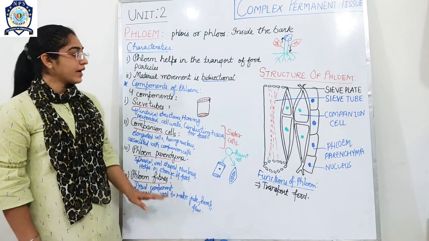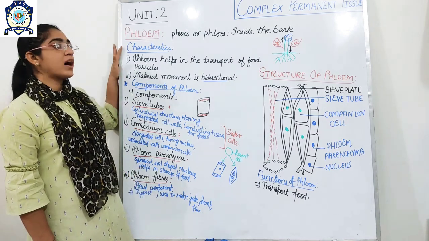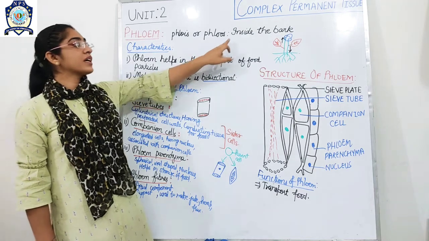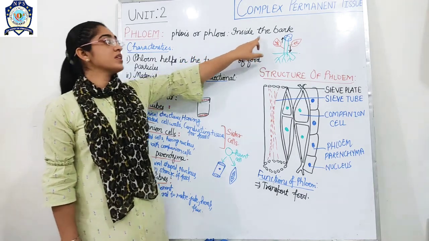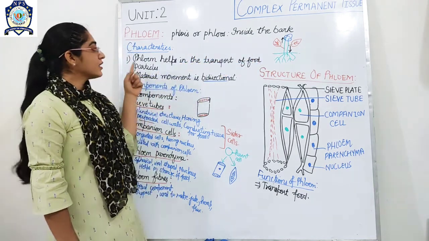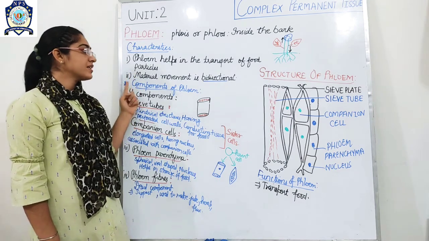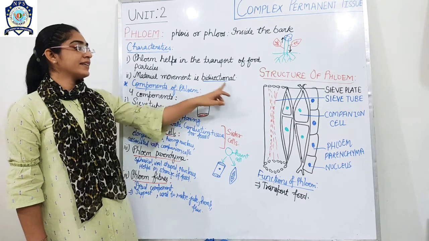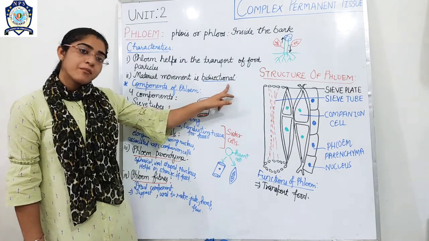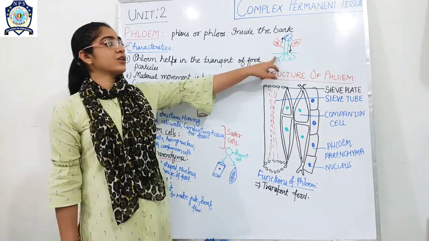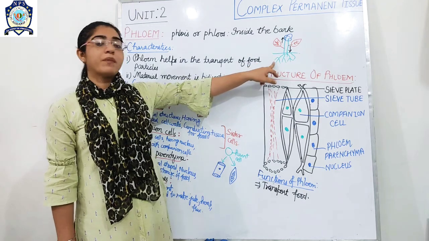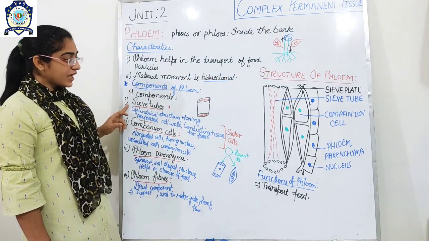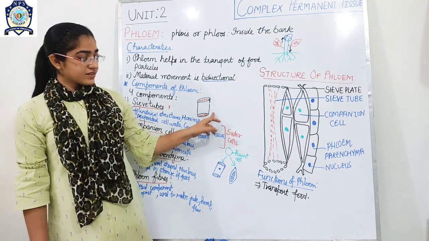Let's take a recap. We have discussed the phloem, as it is derived from the Greek word phloios, which means inside the bark. Then we have discussed the characteristics, which is that it helps in the transport of food and its movement is bidirectional. From here, as I told you, the meaning of bidirectional, then the components of the phloem: sieve tubes, these are cylindrical structures.